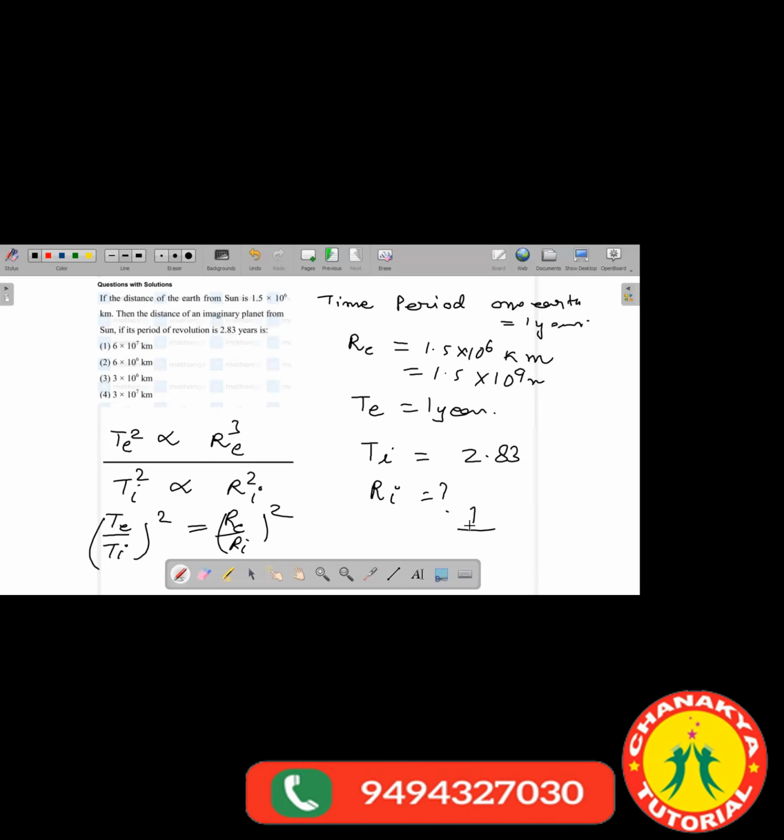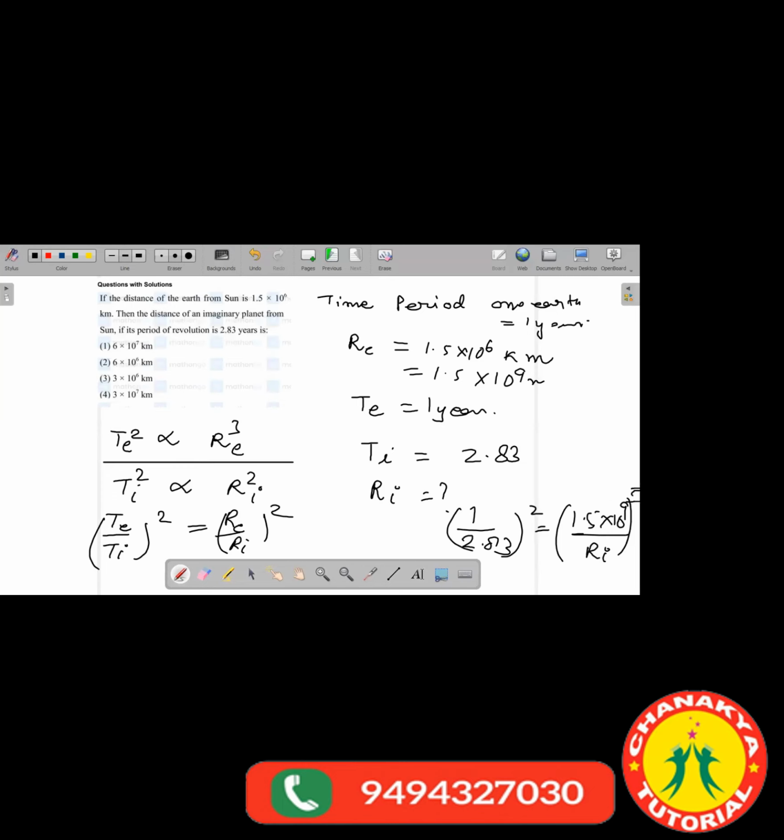So we have 1 over the time period of the imaginary planet, 2.83, whole square, equals the distance of Earth from the Sun, that is 1.5 multiplied by 10 to the power 9, over Ri, which is what we have to find out, and this is cubed.